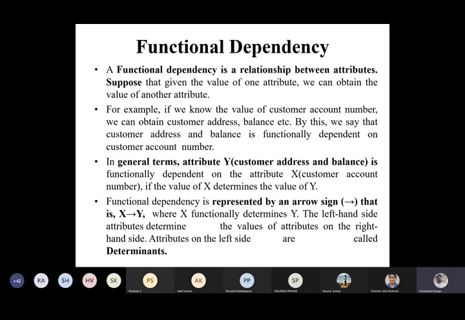X arrow Y means X functionally determines Y. The left hand side determines the values of the attributes on the right hand side. Attributes on the left hand side are known as determinants.